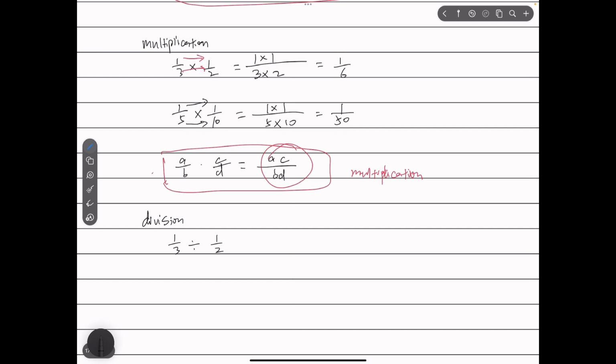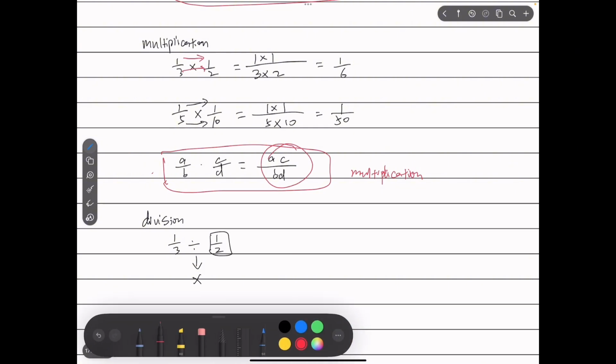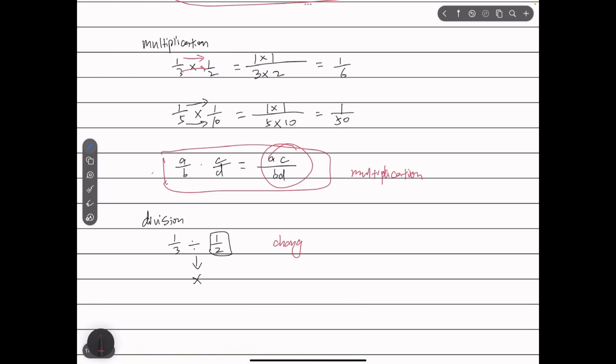We need to change division to multiplication first and flip the fraction number after the division sign.